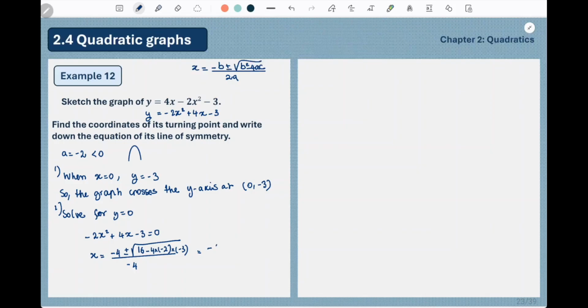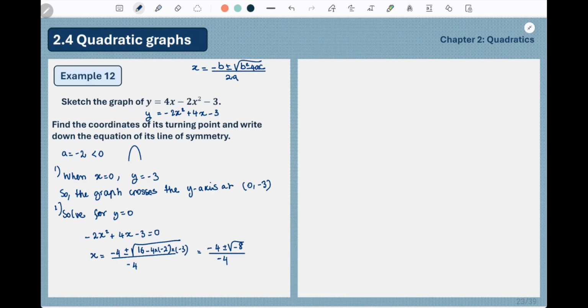So minus 4 plus or minus the square root of everything inside the brackets. I think it's 16 minus 24, which is minus 8, over minus 4. So we know that the square root can only contain a positive number, hence this wouldn't take us any further. Thus, a solution does not exist for y equals 0.